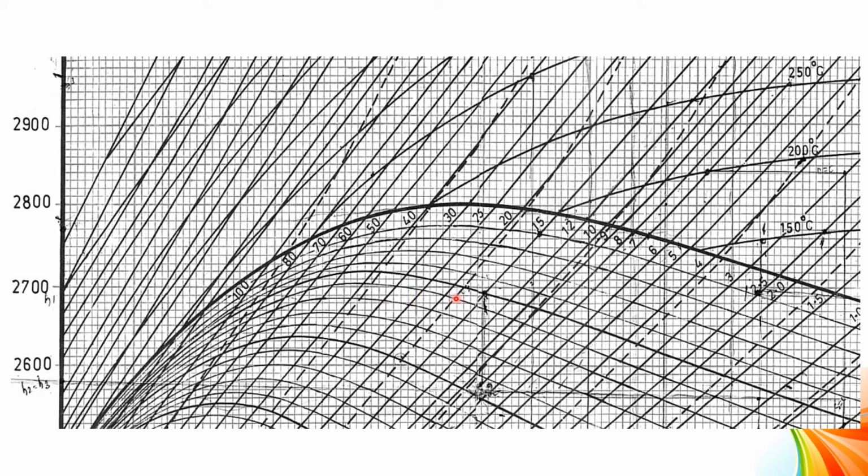See, this is the Mollier diagram, which is the graphical representation of the steam table, in which the specific entropy is plotted along the x-axis, and the specific enthalpy values are plotted on the y-axis. This diagram is divided into two portions by the dark saturation curve.